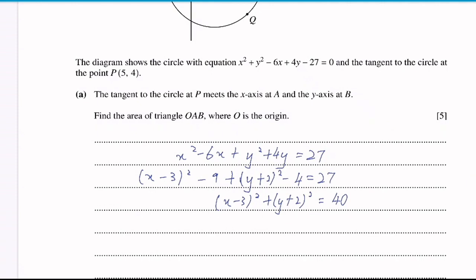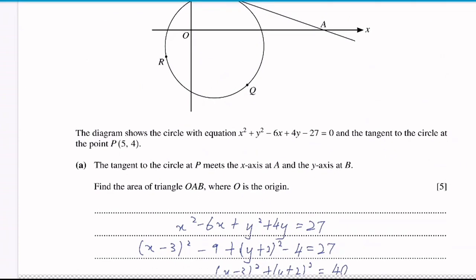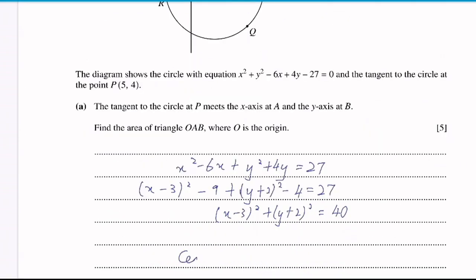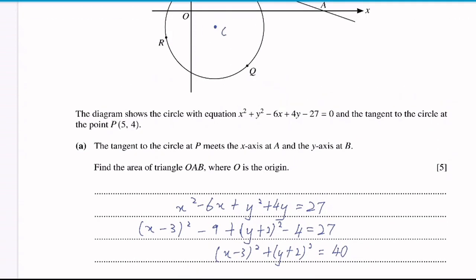We want to find the tangent line. Let's call the center C. The center is 3, -2. So the center is here.